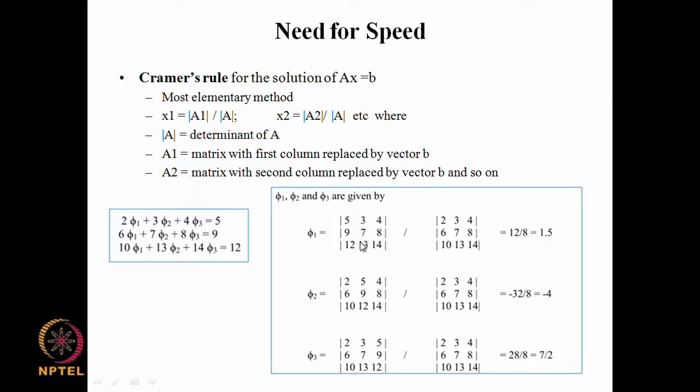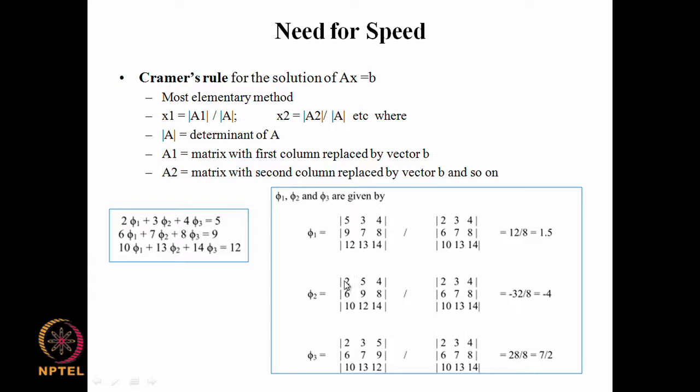And you can go through an evaluation of the two determinants, and you will get 1.5. If you want to get the solution for phi 2, then it is given by the original members of the coefficient matrix, that is 2, 6, 10 and all that, in which we replace the second column, that is the 3, 7, 13 by 5, 9, 12.